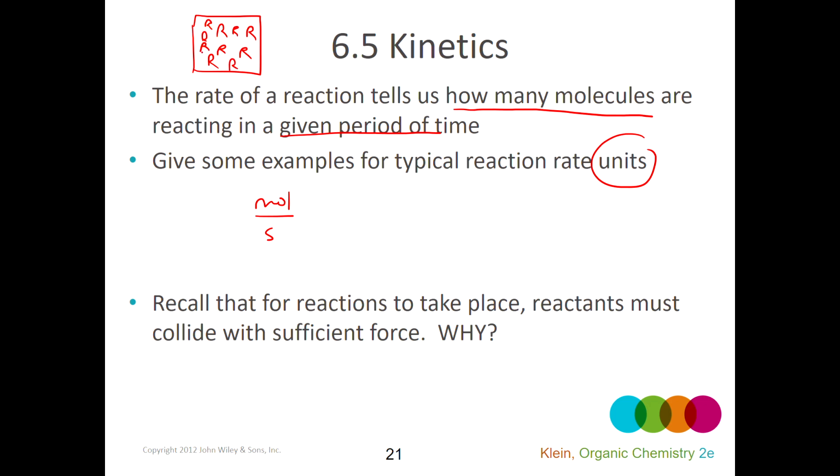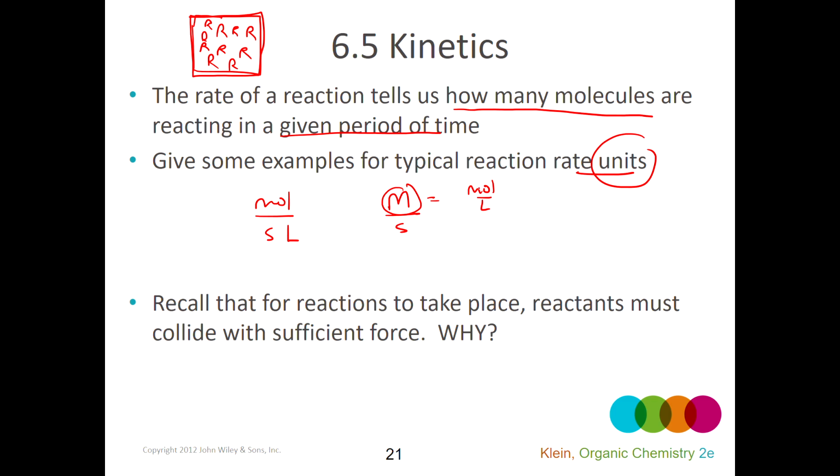I'm going to have a lot more reactions happening per second. So the number of reactants in a certain volume can affect the rate. And so since the number of moles per volume, or per liter, has an effect on the rate, usually rate units are listed in moles per liter reacting per second, or molarity reacting per second. Molarity is the same as moles per liter.